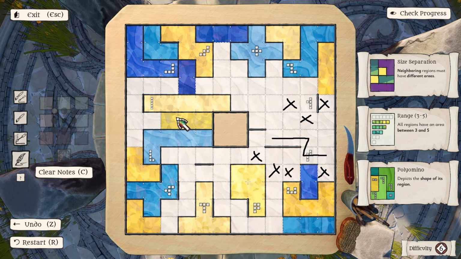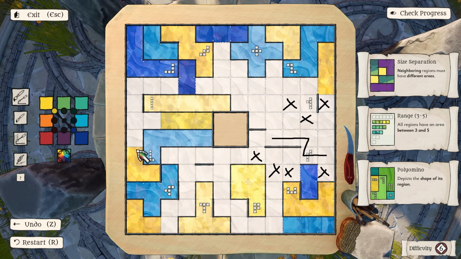Oof. I think we're fine. Like at some point, this 3 and 4 negative space is going to do something for me, but when? I don't know.